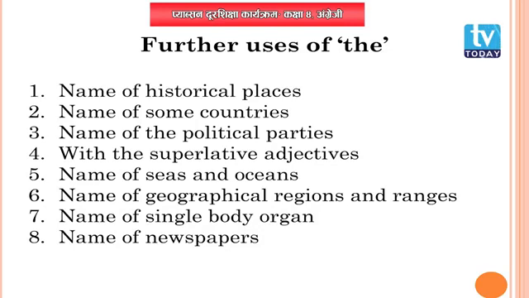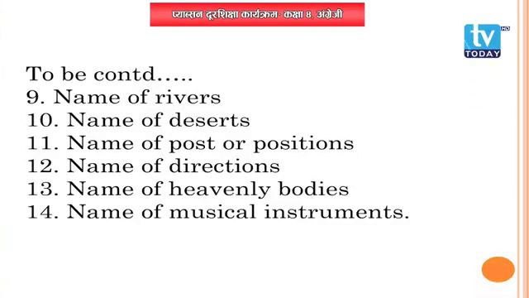Some more examples, if you know the names of newspapers, also can be acquired from different means. The next part is all about the names of rivers. We have lots of rivers in our country, not only in our country but all over the world.